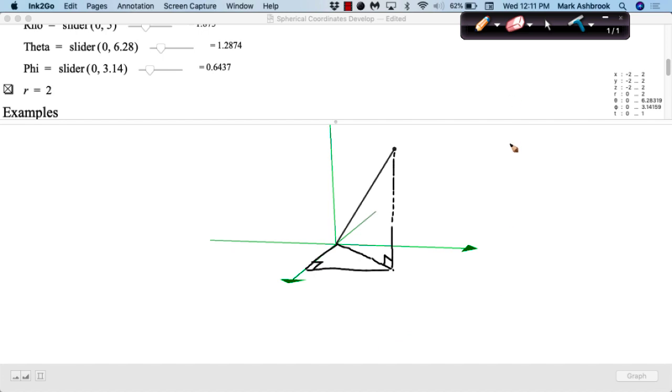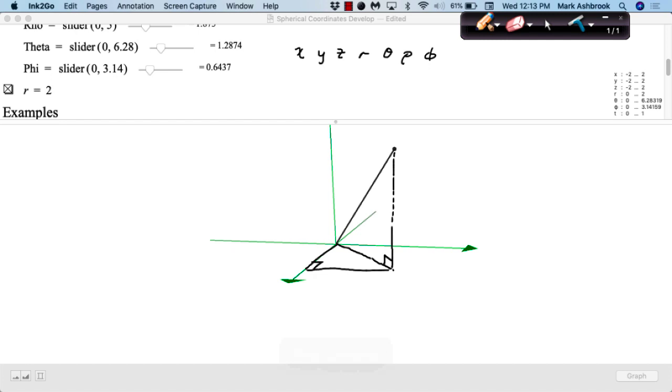I want you to, in this diagram, identify x, y, z, r, theta, rho. So this one here?